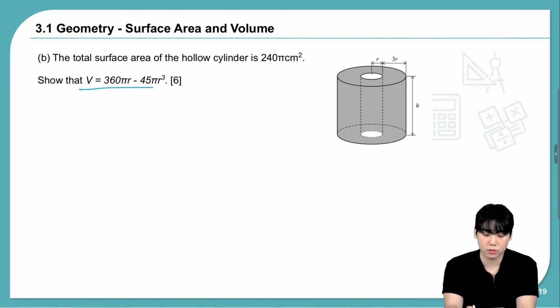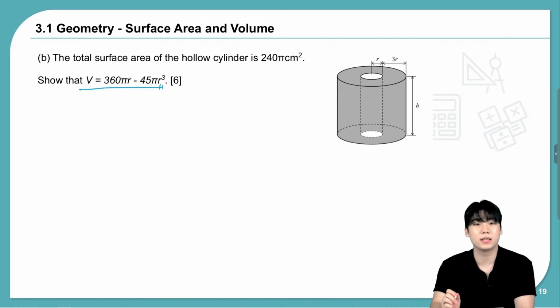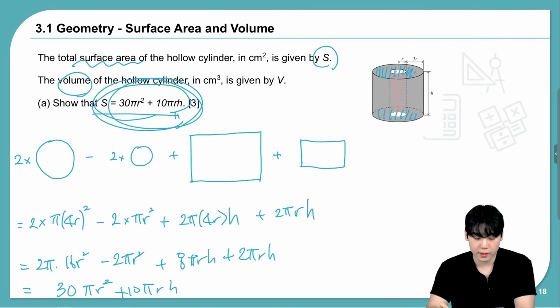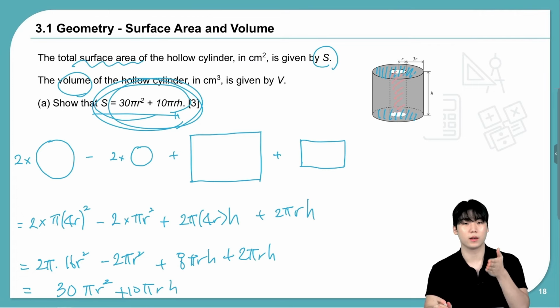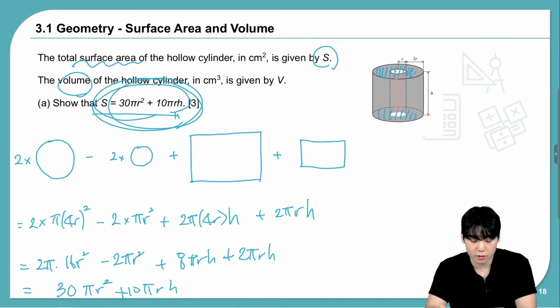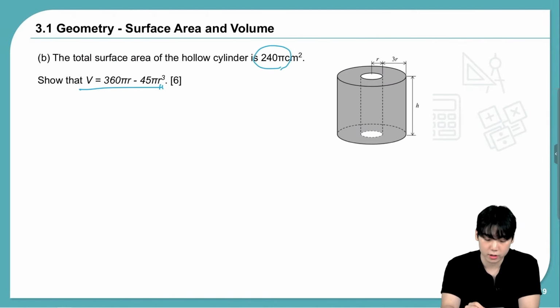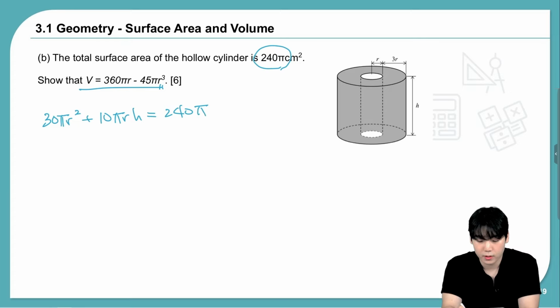Here, they ask you to find what the volume is, given the total surface area to be 240. So, here, that's when we make use of the given equation. S is equal to 30 pi r square plus 10 pi r h. So, 30 pi r square plus 10 pi r h is equal to 240 pi.